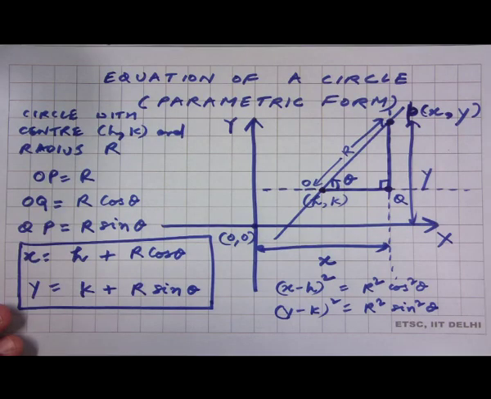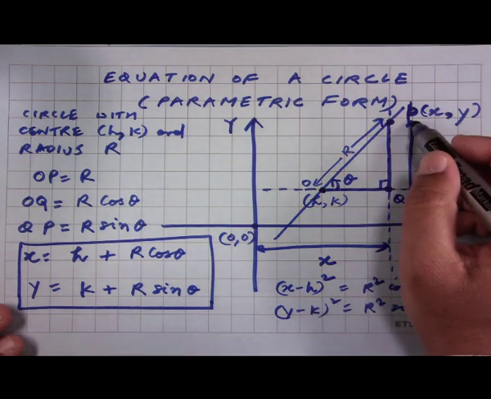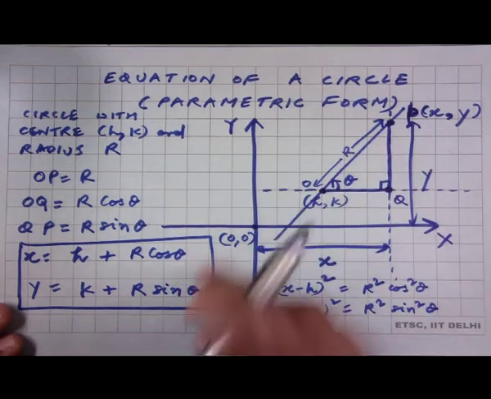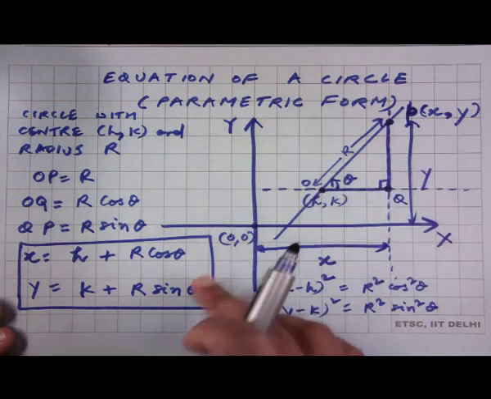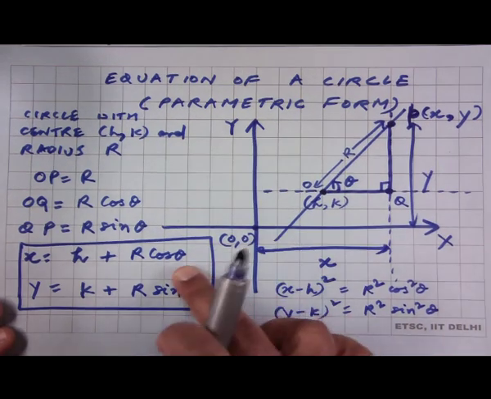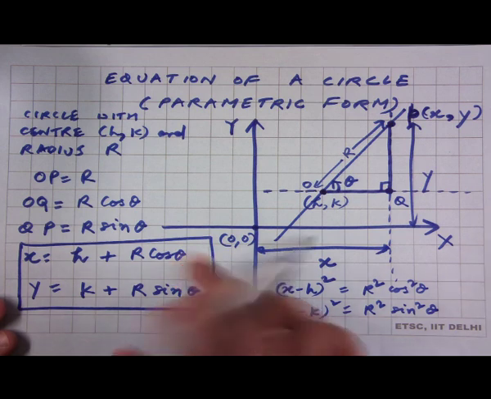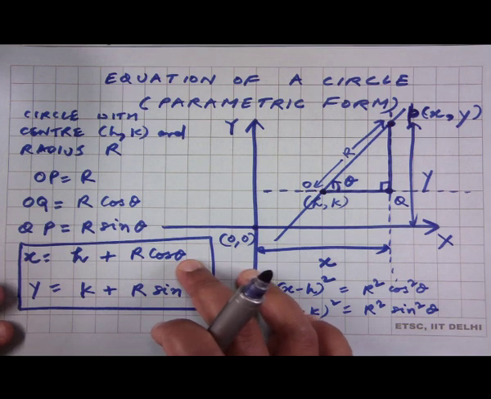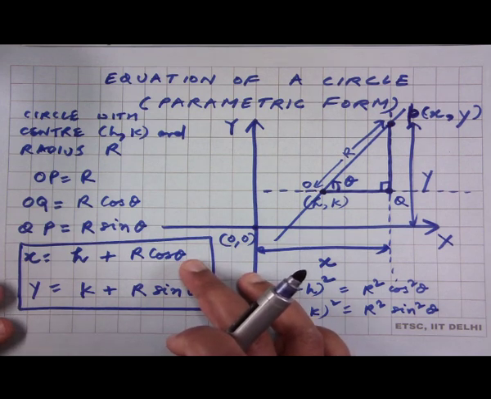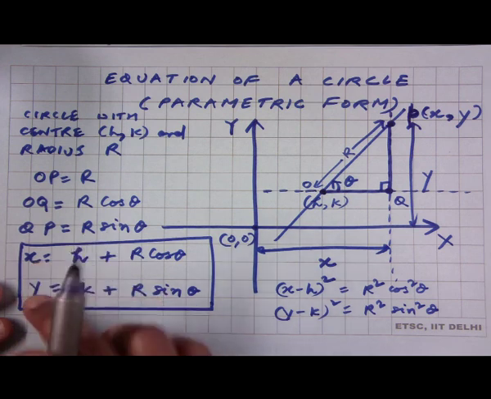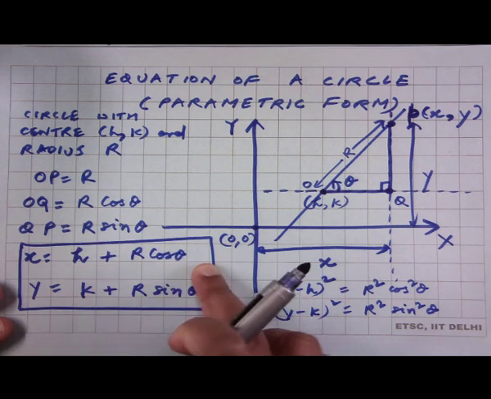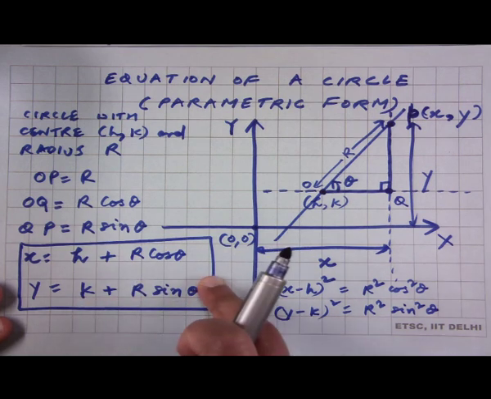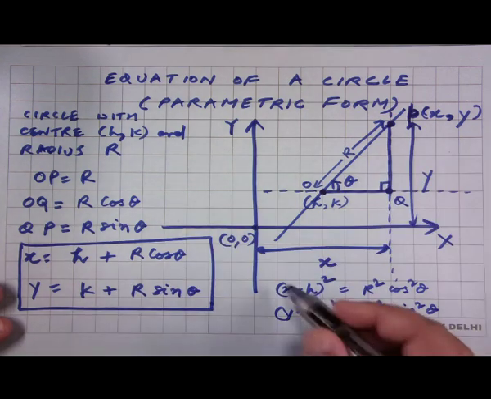which means that any point P on the circle, the coordinates of any point P on the circle can always be written like this, where theta is some angle between 0 and 2 pi. Further, if for any theta we choose between 0 and 2 pi, if we form a point having x coordinate as h plus r cos theta and the y coordinate as k plus r sin theta, then such a point will obviously lie on the circle, and that is what we proved here.